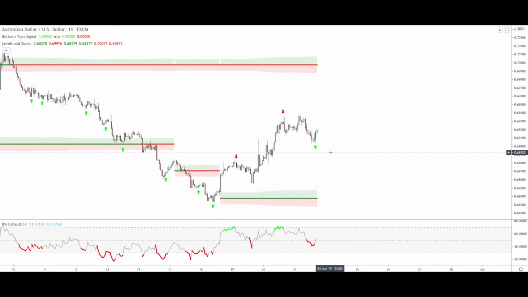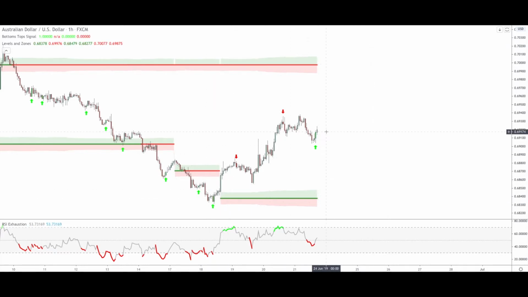I can see that from a macro point of view, the pair has been trending down quite significantly recently, but then we have what looks like a retracement, even if I believe it's going to be a major retracement or maybe an uptrend which started down here.